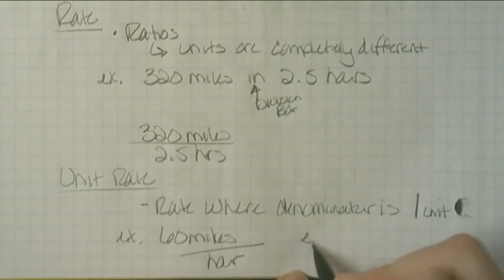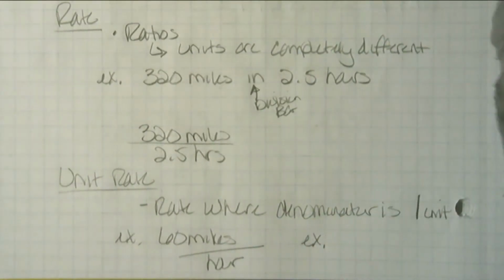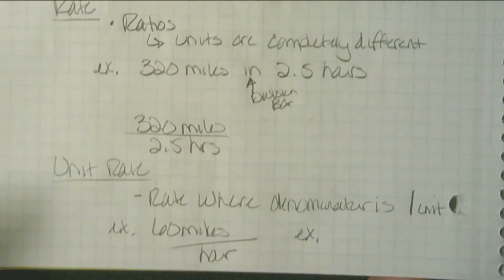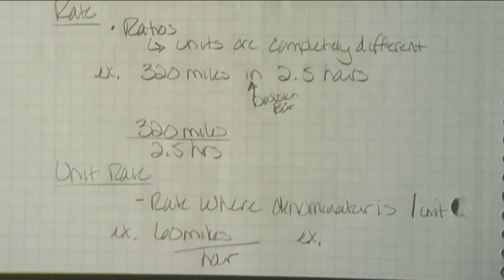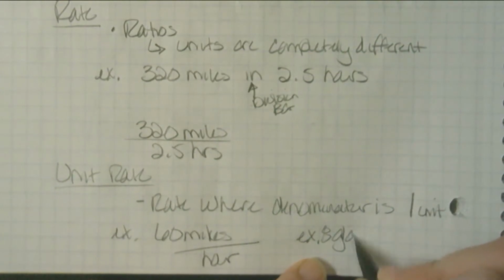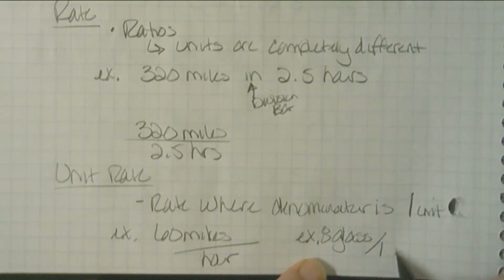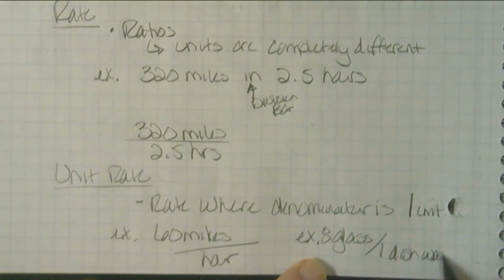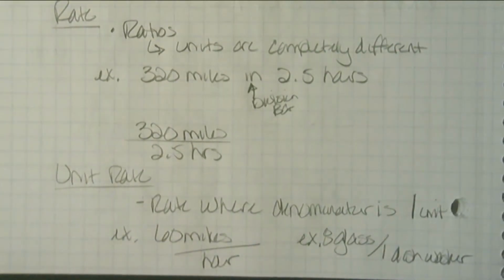Somebody give me another example of a unit rate. You can use anything you want. Colin? Sure. 8 glasses per 1 dishwasher. Because I'm looking at the number of glasses that I can put in one tray in the dishwasher, right? Absolutely. That would be a unit rate.